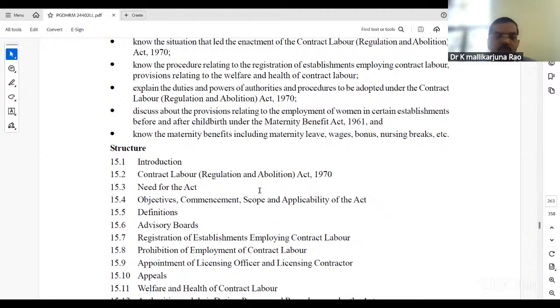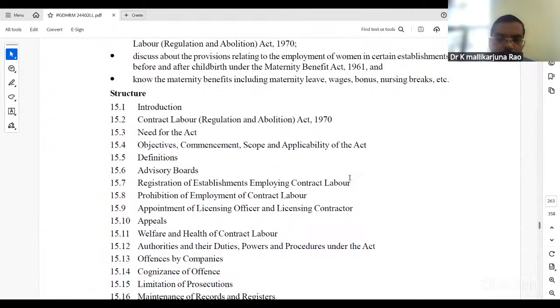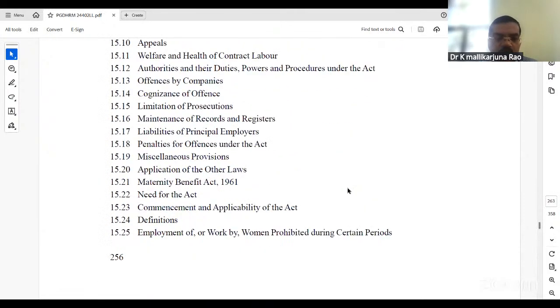Also, we discuss the registration process of establishments under the Contract Labor Act, prohibition of employment of contract labor, appointment of officers, licensing officers, and licensing and appellate authorities. All of these we are going to discuss in detail one by one.